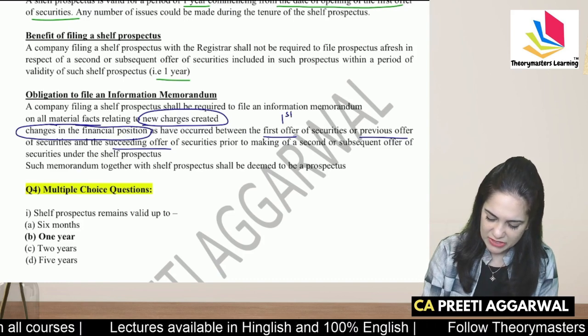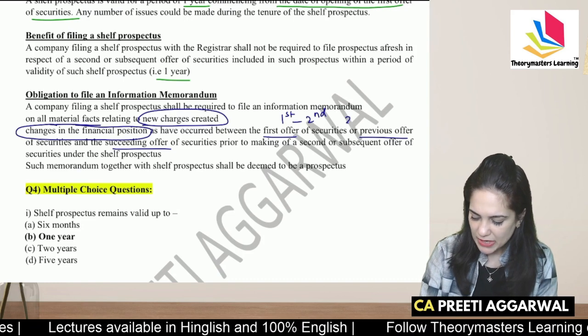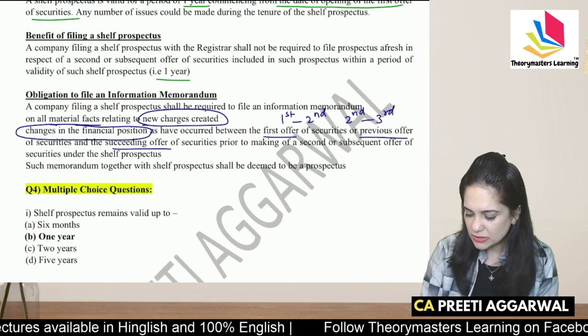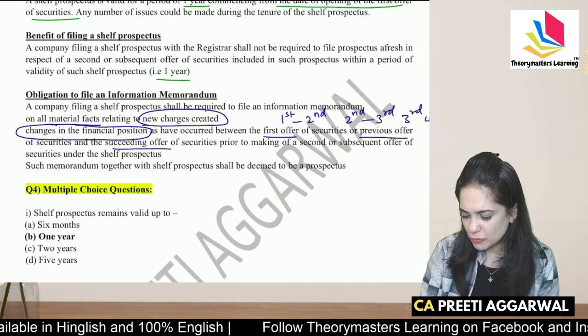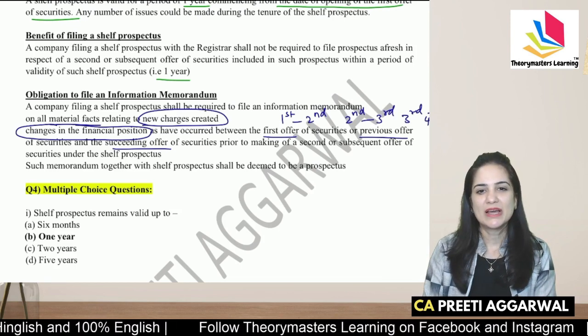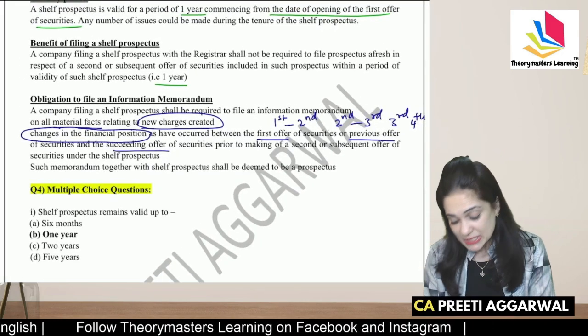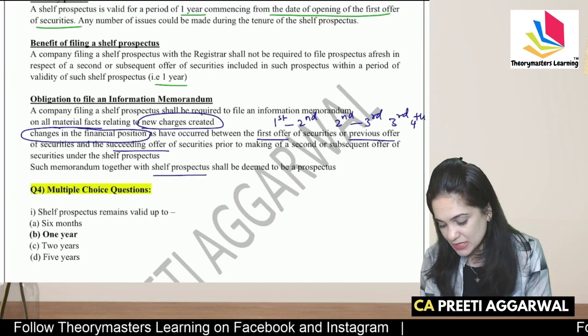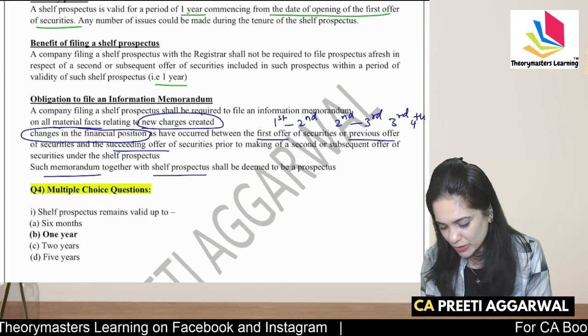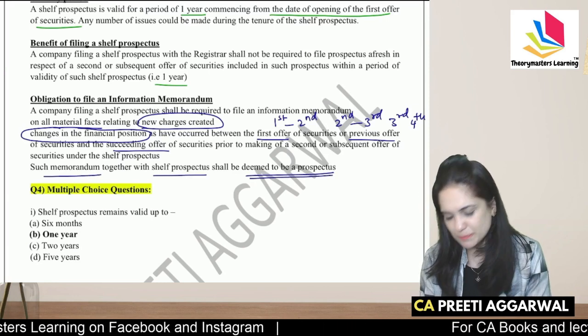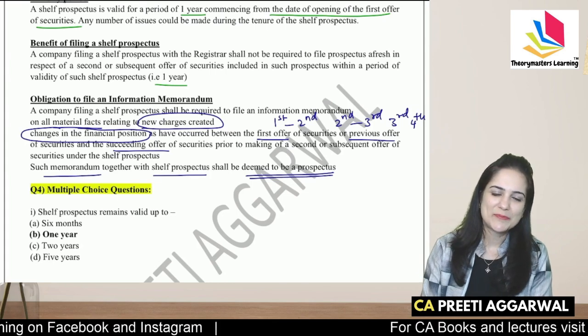Means between first and second जो भी changes हुए हैं, between second and third, third and fourth जो भी changes हुए हैं, all that information will be given in the information memorandum. Such shelf prospectus together with the information memorandum is deemed to be the final prospectus of the company.